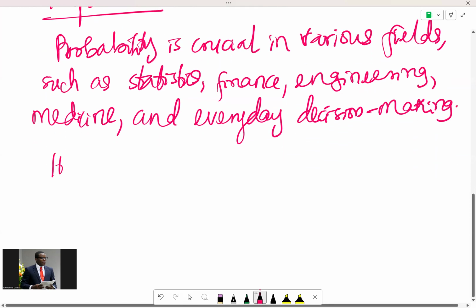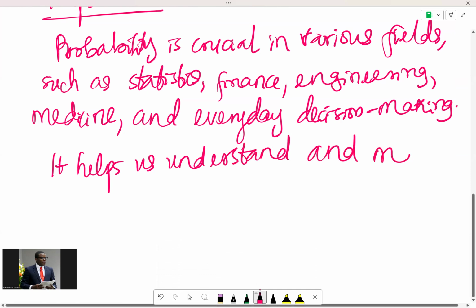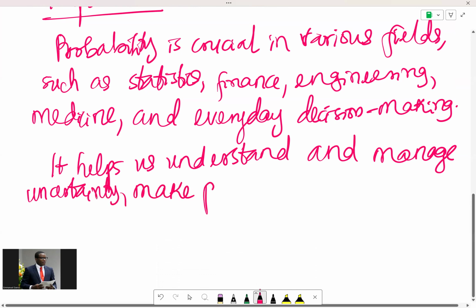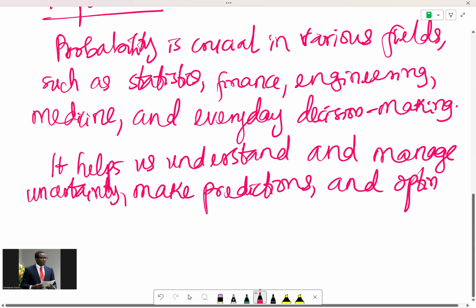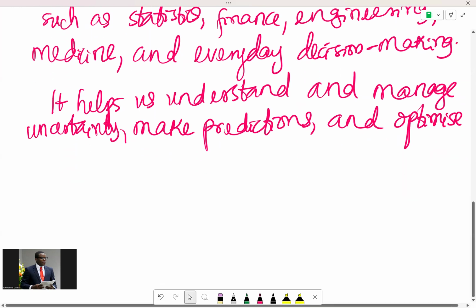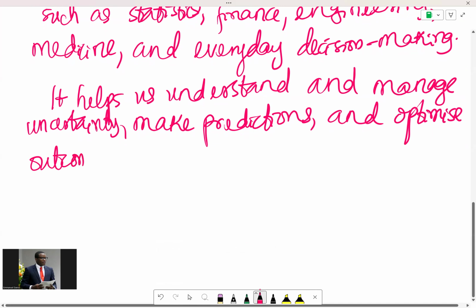And it helps us understand and manage uncertainty, make predictions, and optimize outcomes in uncertain situations.